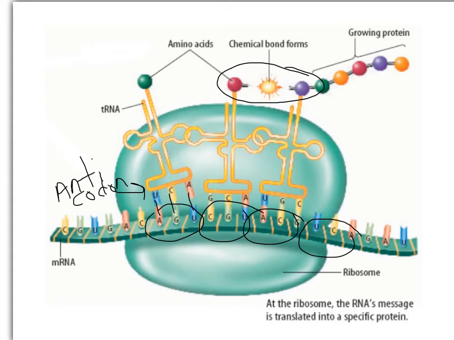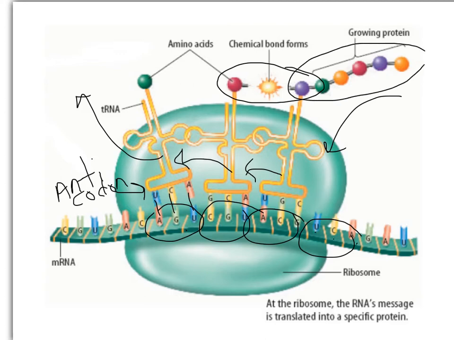Once that peptide bond is formed, then everybody's going to scoot over, and this one's actually going to be released, and then a new tRNA will come in and try to match up with UCG. And they'll continue to do this as this polypeptide chain grows. That polypeptide is going to be our protein that we're making.